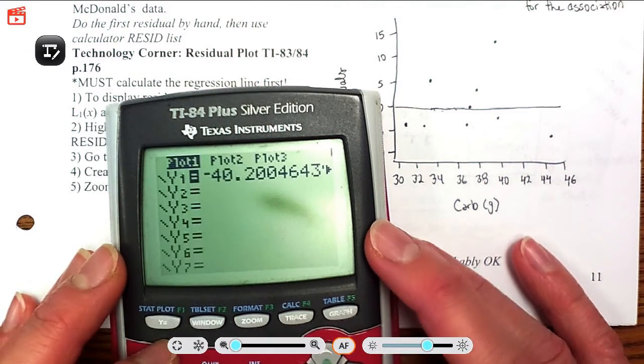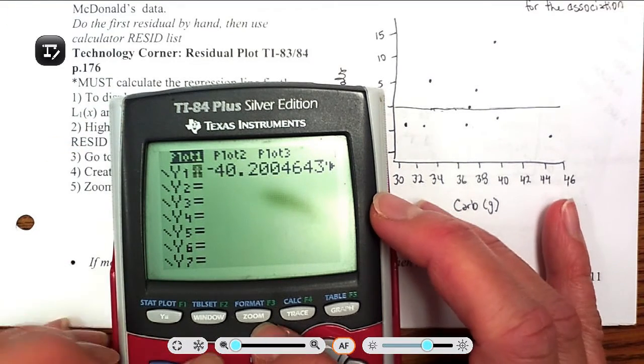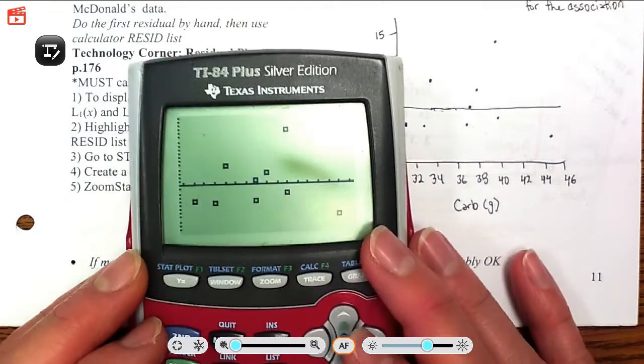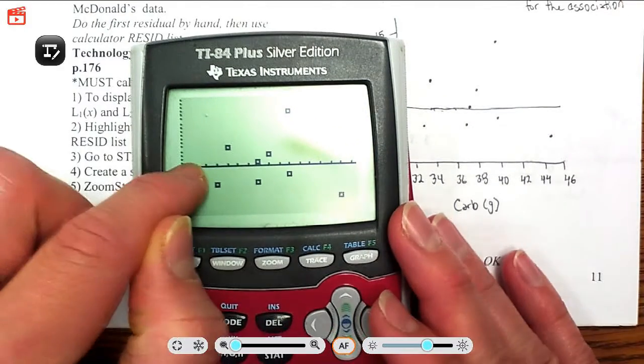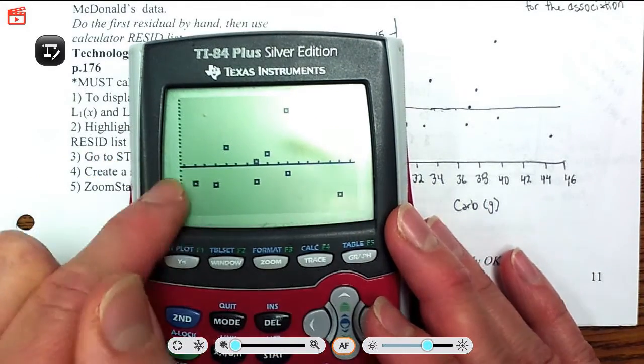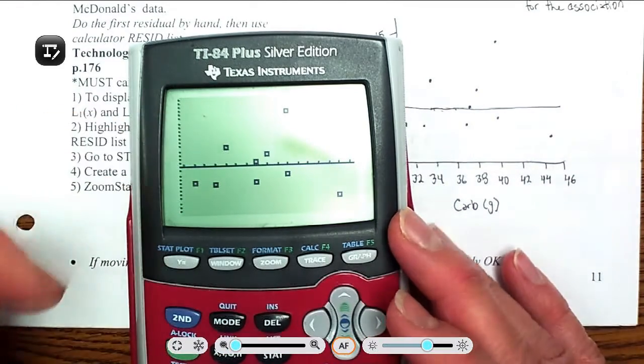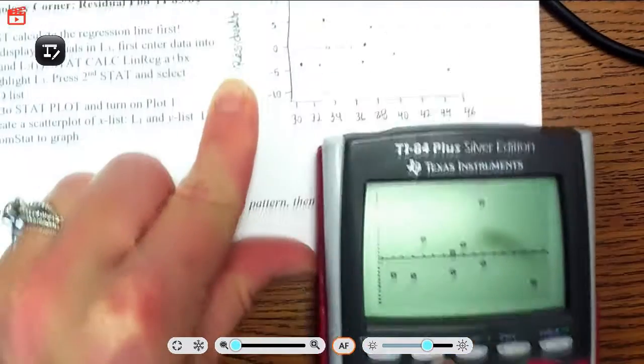I'm going to go to y equals and turn that line off. And I'm going to go zoom 9 one more time so that it fits my residuals. And here's my residual equals 0 line, basically my x-axis, and all my negative residuals and all my positive residuals. All right, so there they are, side by side.